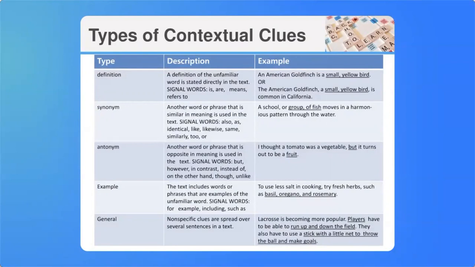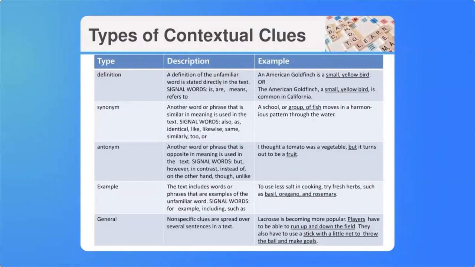The fourth type is an example, and it will use signal words such as for example, including, such as, because it gives you some examples that help you to understand that unfamiliar word. To use less salt in cooking, try fresh herbs such as basil, oregano, and rosemary.